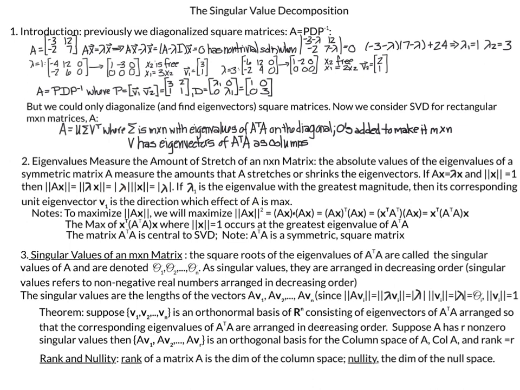A couple of other notes: when we want to maximize the norm of Ax, or the length of Ax, because the norm has a square root, we can simplify our calculations by maximizing the norm of Ax squared. And that is just Ax dot Ax, which as a matrix transformation is (Ax) transpose times Ax. Taking the transpose of A and x, that's x transpose A transpose times Ax, which means we have x transpose A transpose A x.